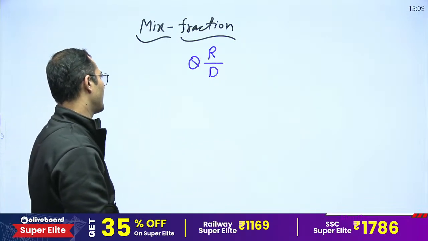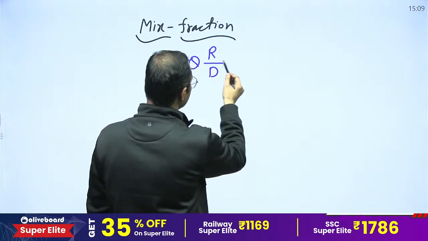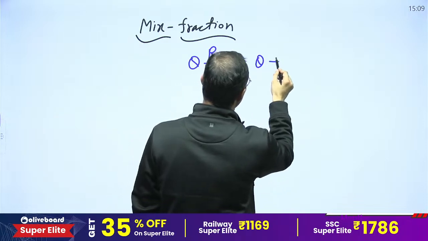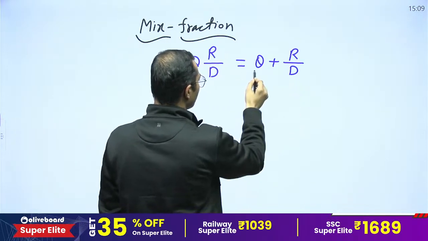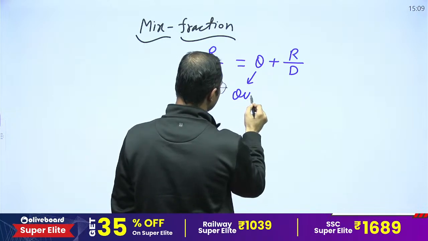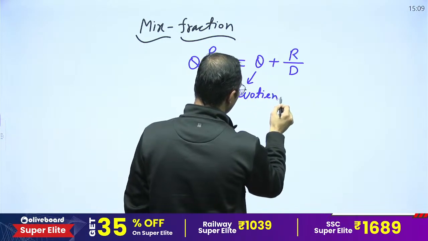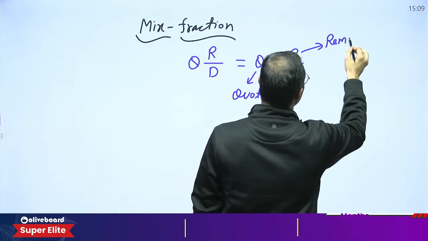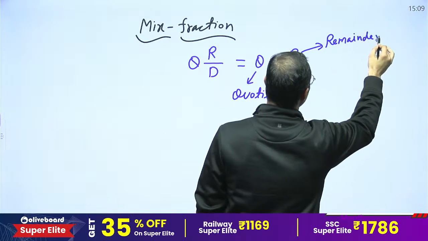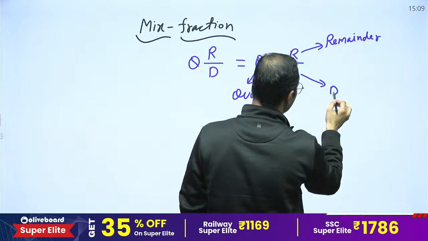Basically it is in the form of q plus r upon d, where q is the quotient, r is the remainder, and d is the divisor.